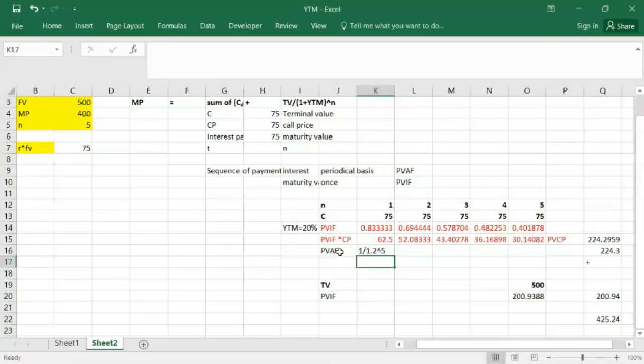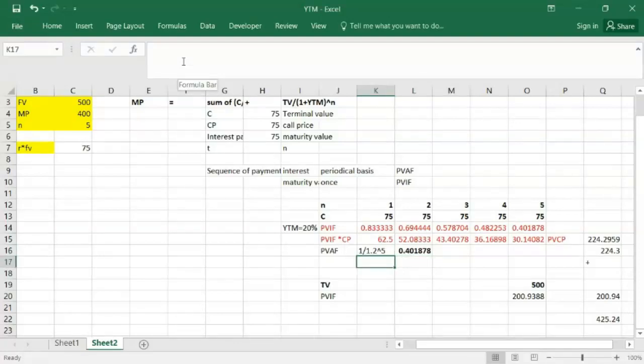I will get the same result here. So this is the present value interest factor, 1 divided by 1 plus r to the power n.